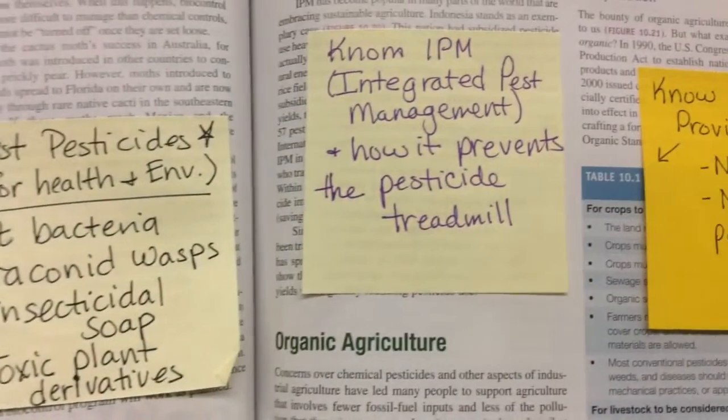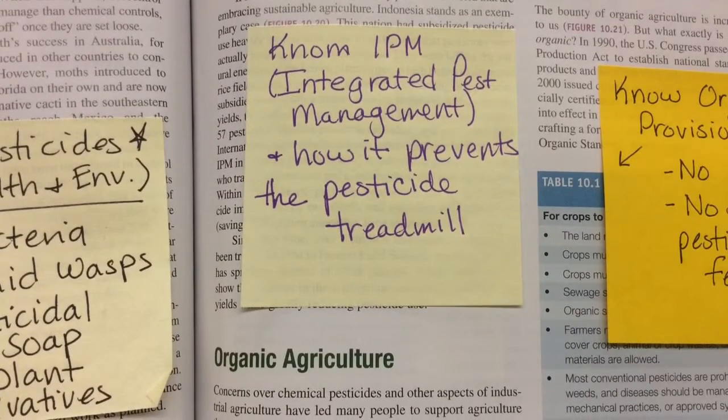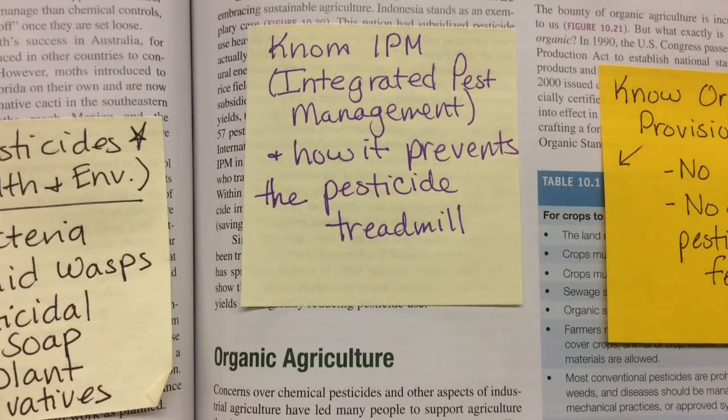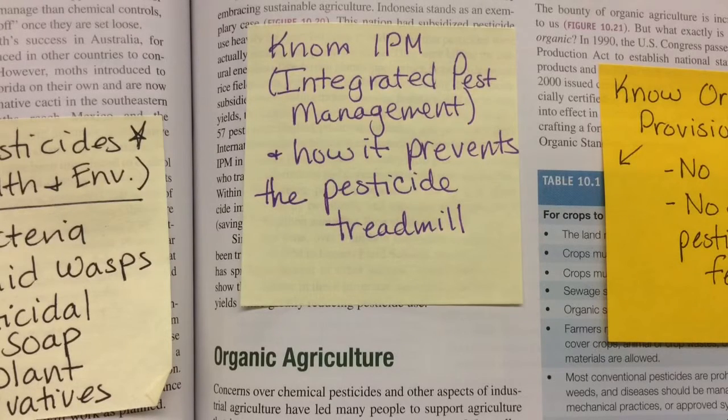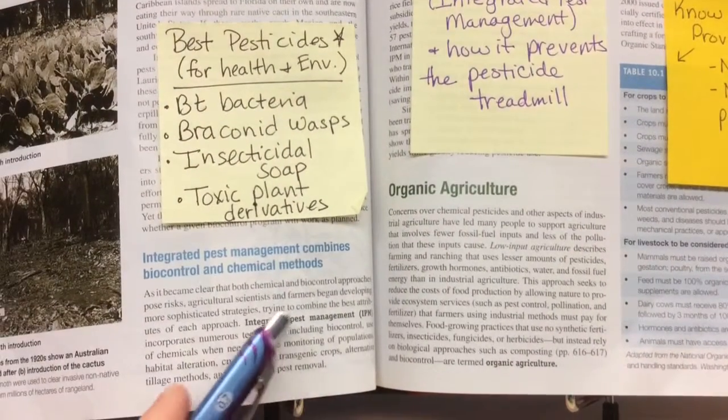Okay, so one way that farmers can control their pests instead of just massive spraying with pesticide is something called IPM, Integrated Pest Management. So on this page, actually down here at the bottom of 256, it talks about integrated pest management.